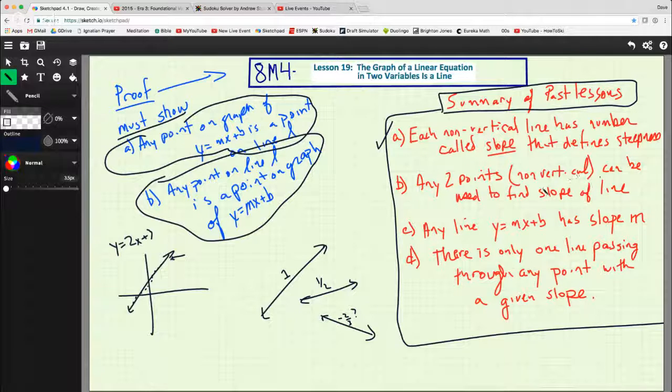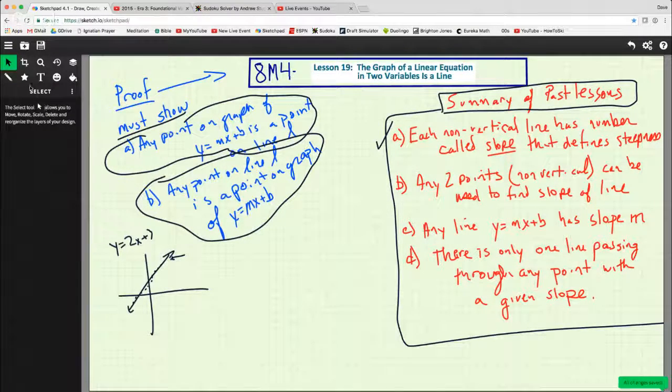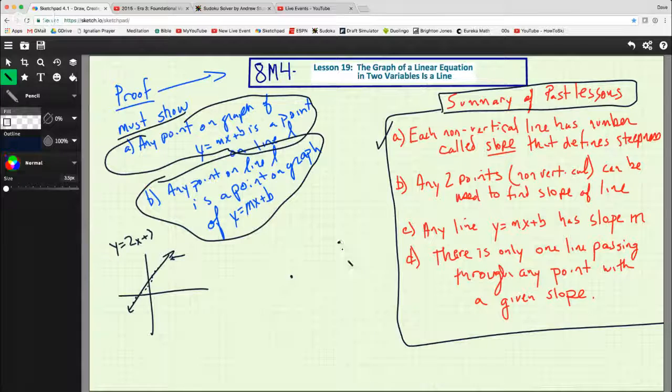Point number two is that if we take any 2 points that aren't straight up and down, say x1, y1, and here we have x2, y2, and we draw our line through those points, we can find the slope using the slope formula.